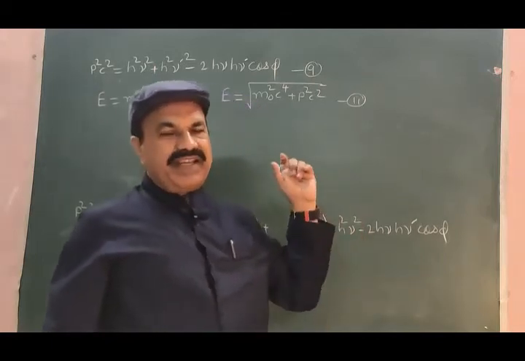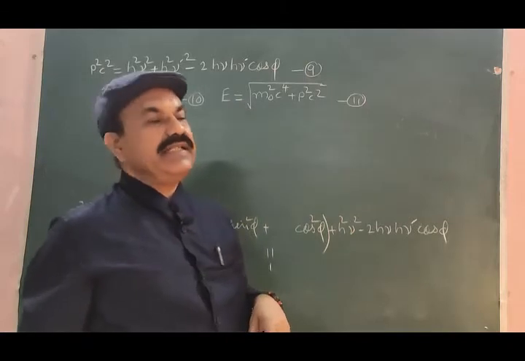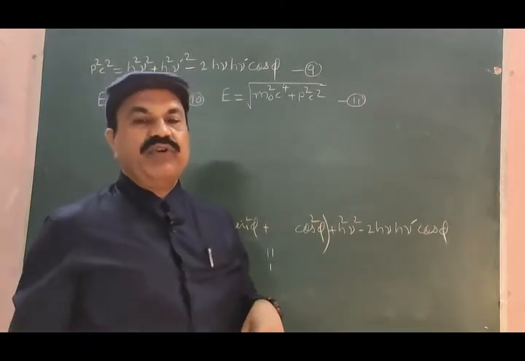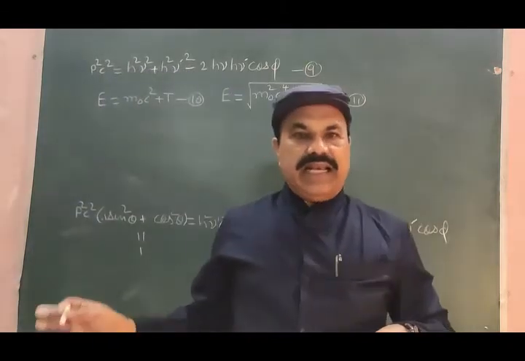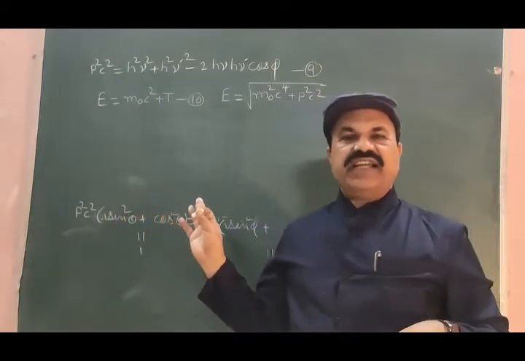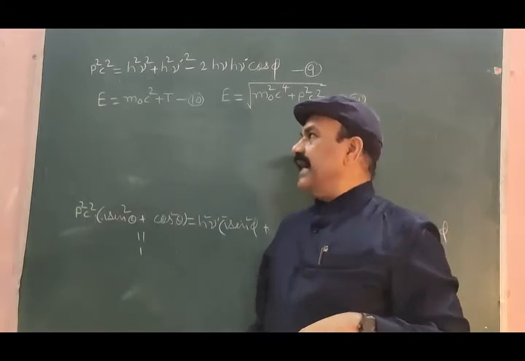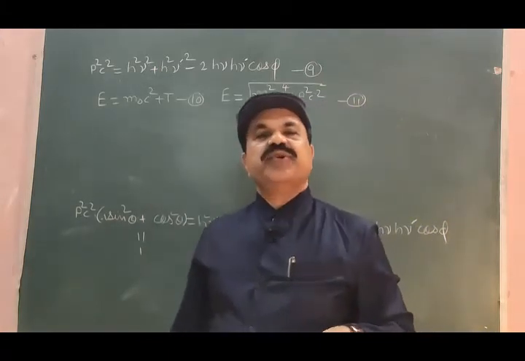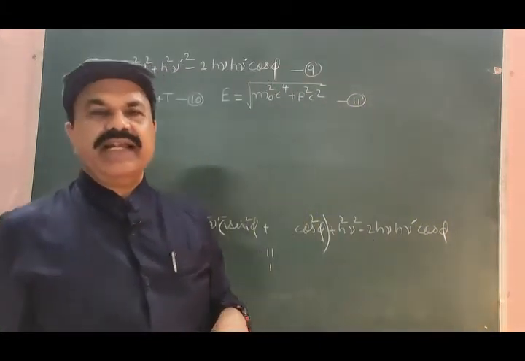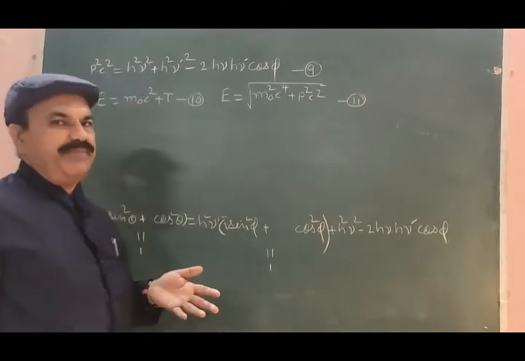Let us compare equations 10 and 11. The LHS of equations 10 and 11 is the same, the total energy, and therefore the RHS of equations 10 and 11 should be the same.